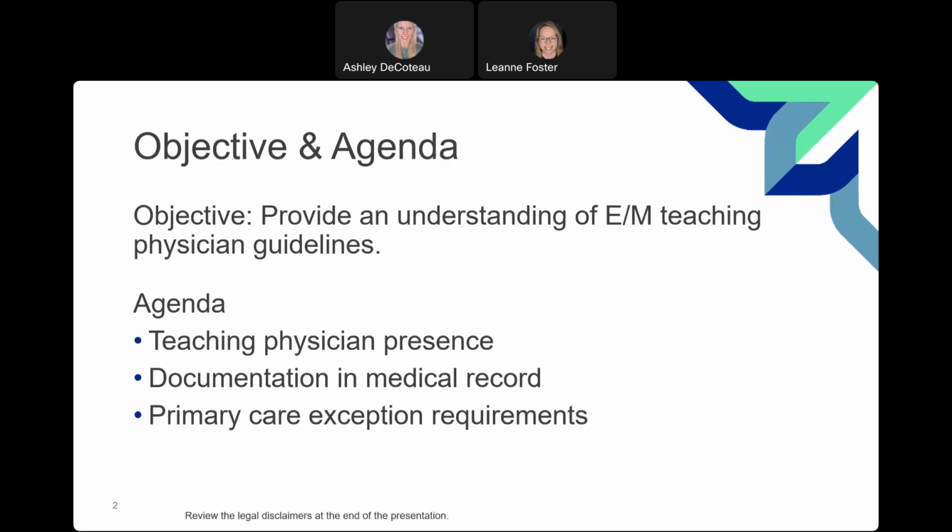We will not be covering facility payments to teaching hospitals, such as the direct graduate medical education, or DGME, or the indirect medical education, or IME payments. Today is all about the rules for documenting and billing the professional E&M service, meaning the visit itself, not how the hospital is reimbursed for the residency program.